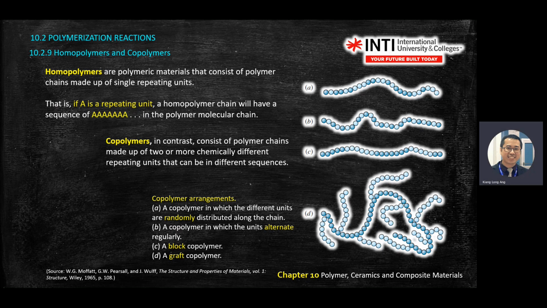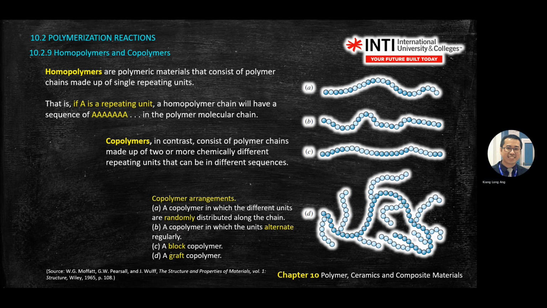Okay. C is a block copolymer. What do I mean by block? It's like A, then B, B, B, B, B, B, then A, then B, B, B, B. Okay, it's like a train container.